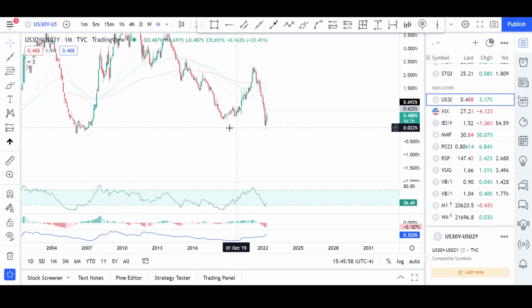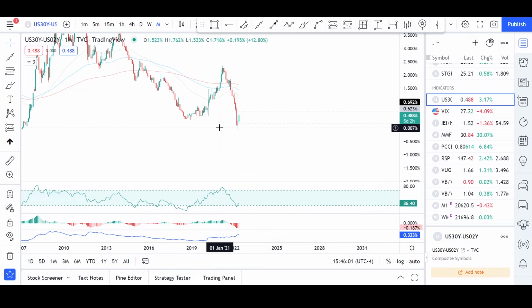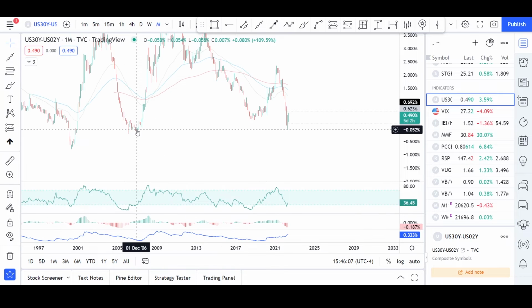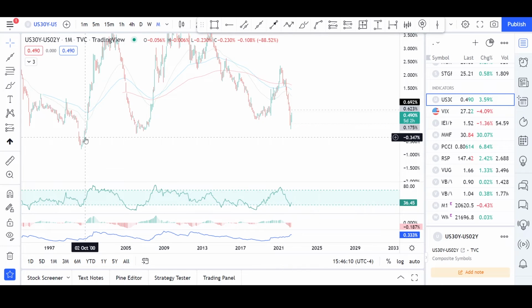Right now there are no so serious threats, but we should really observe what's going on with economic data.